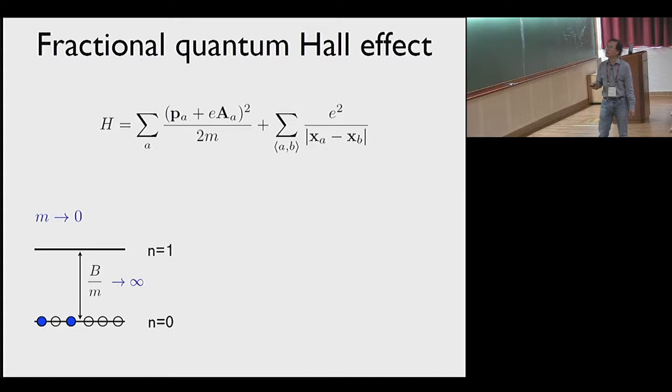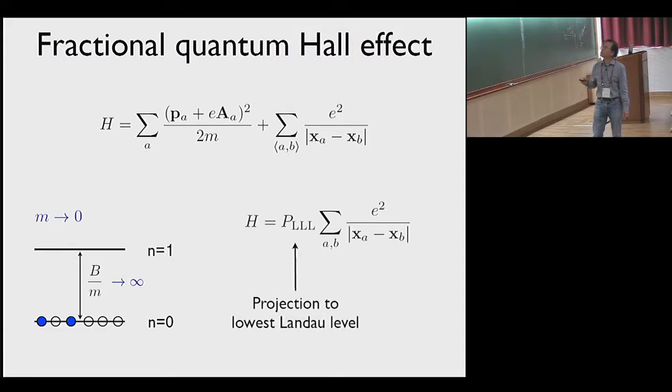When M goes to 0, the distance between Landau levels goes to infinity, and all the non-trivial physics happens only in a single Landau level. And the problem of this Hamiltonian can be reformulated as a problem of diagonalizing the potential energy projected to the lowest Landau level. This is the Hamiltonian from which you can see the non-triviality of the fractional quantum Hall effect.